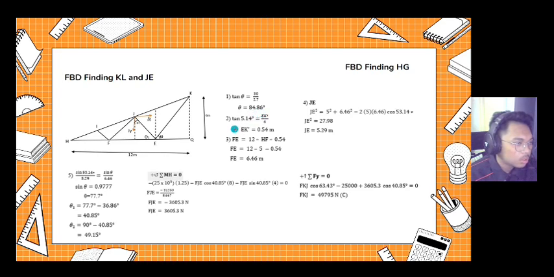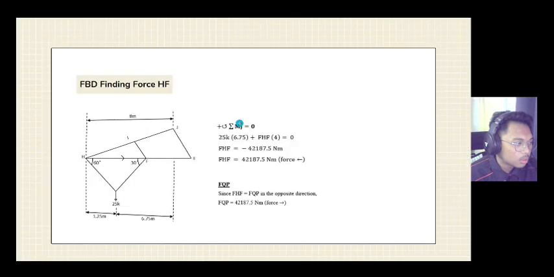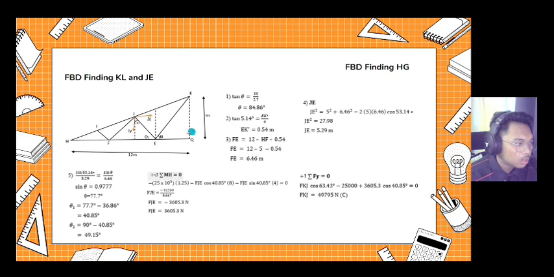And second we do tan 5.14, and then EK per 6, and then we got EK 0.54. So the first data we got is 84.86, then we got tan 5.14, so we want to find the value EK 0.54.